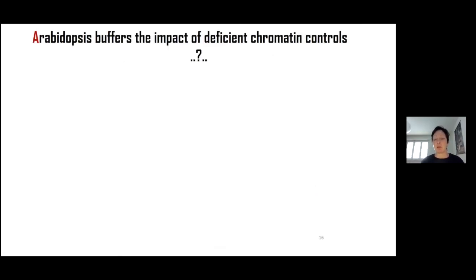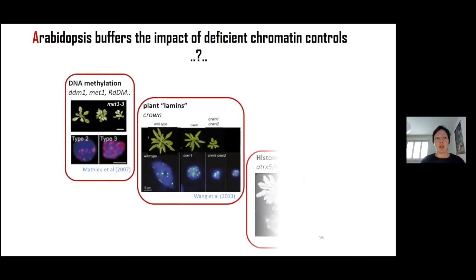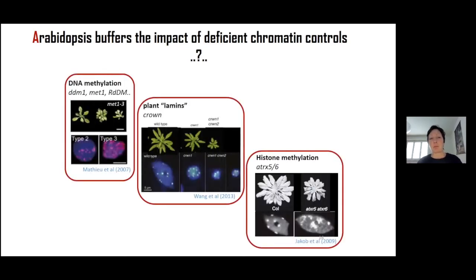And I think this should echo in our mind with other findings, which are summarized here. So in fact, Arabidopsis, our model plant, is buffering quite well the impact of deficient chromatin controls. And I'm giving here only a few examples. When DNA methylation maintenance machinery is lost, when the plant lamin proteins are lost, or some histone methylase proteins are lost, plants still develop pretty fine.